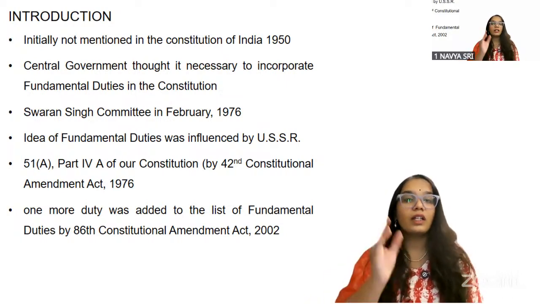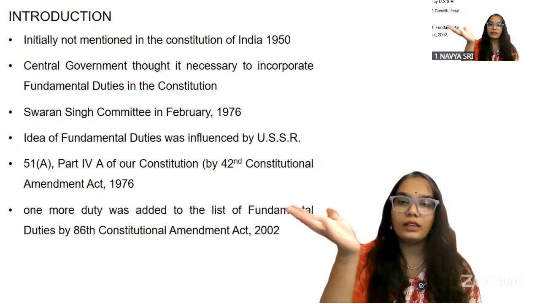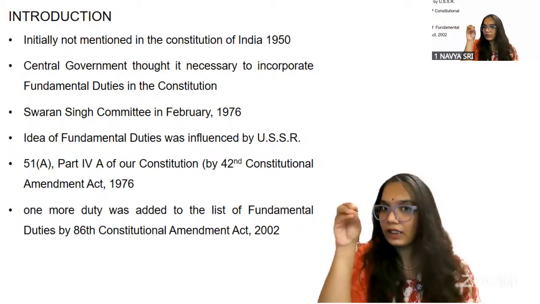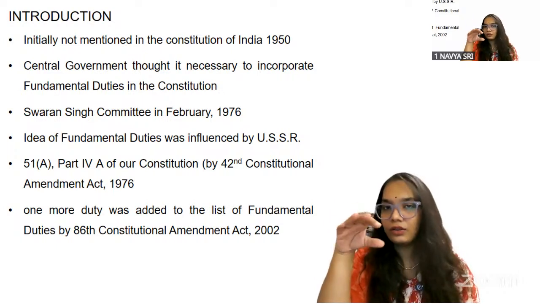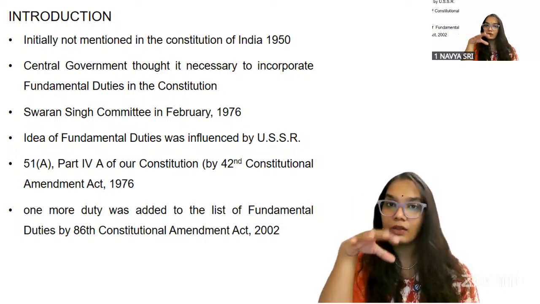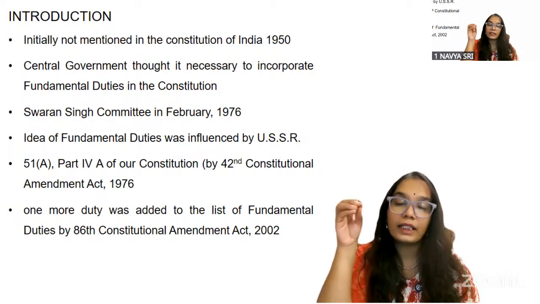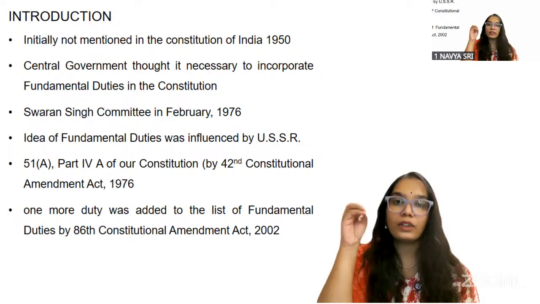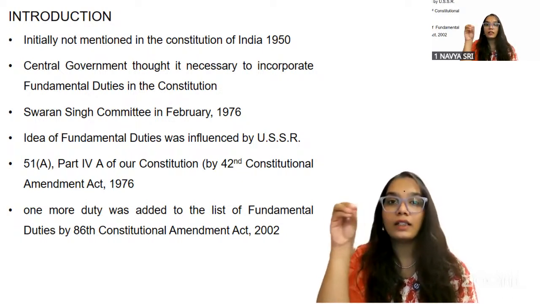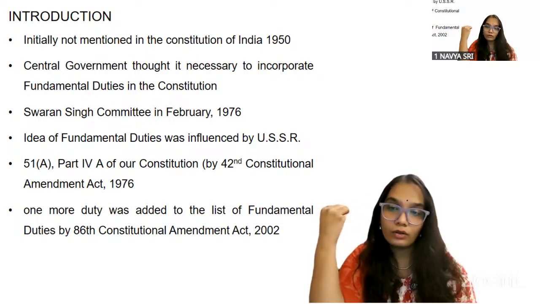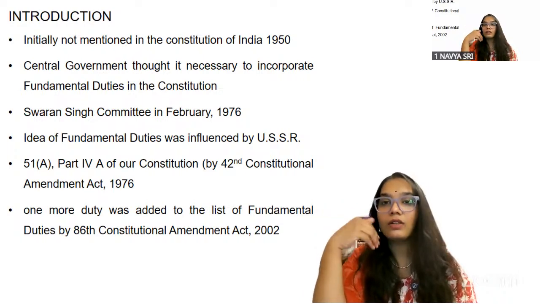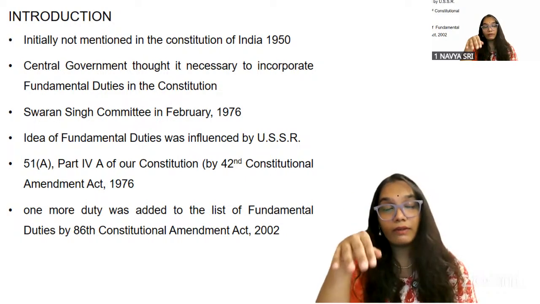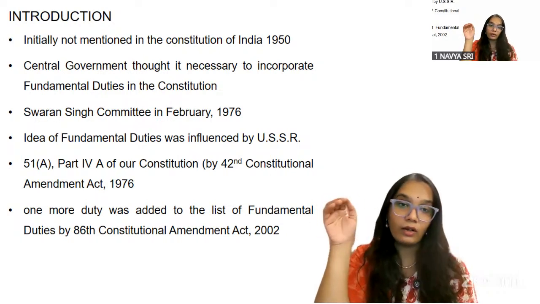So when the government thought that we shall incorporate certain duties for citizens, to be good citizens in India, they installed a committee which was headed by Swaran Singh. The Swaran Singh committee came up with 10 or so fundamental duties, and they were incorporated through amendments in the constitution in Article 51A, Part 4A of the Constitution.